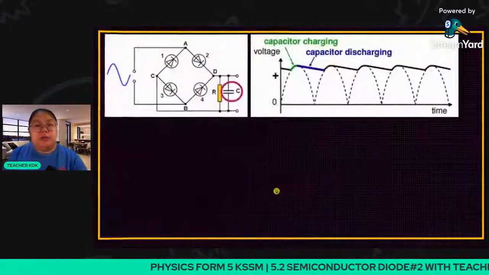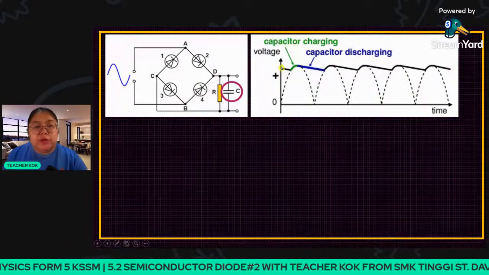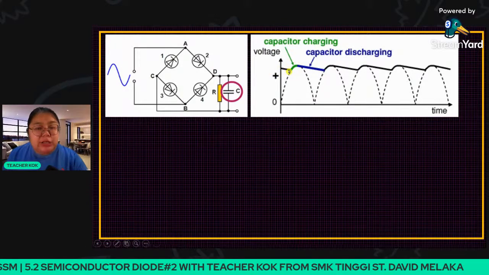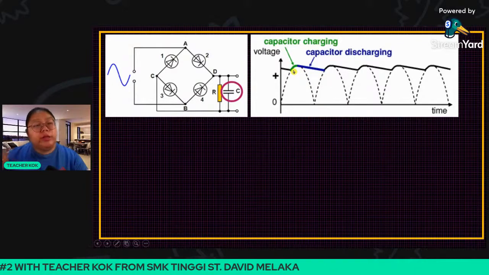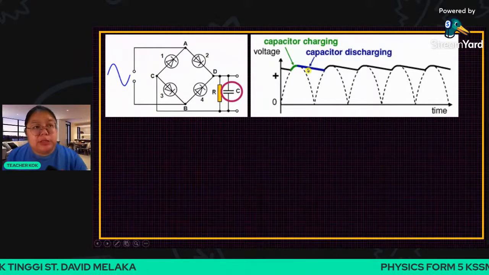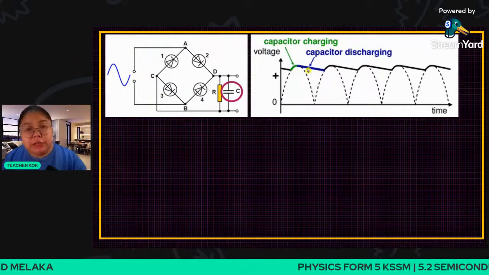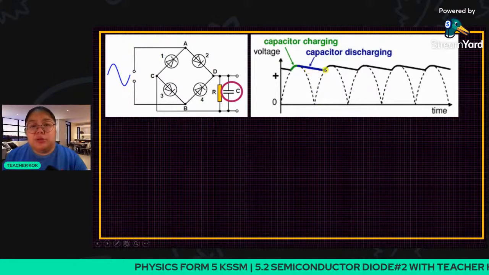Now you can see the diagram here. This is the voltage, is it? So the capacitor is charging. Until this part, when the voltage wants to drop again, then it builds again. So in this part, the capacitor discharges. They keep the charge, then discharge, until the voltage wants to go up again.